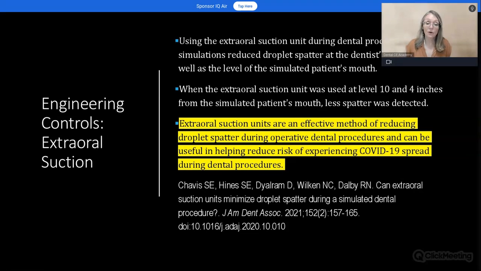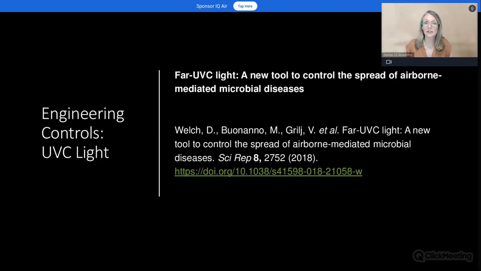According to this study, from 2021 in the Journal of the American Dental Association, extraoral suction units were an effective method of reducing droplet spatter during operative dental procedures and can be useful in helping to reduce the risk of experiencing COVID-19 spread during dental procedures, which we are still experiencing.